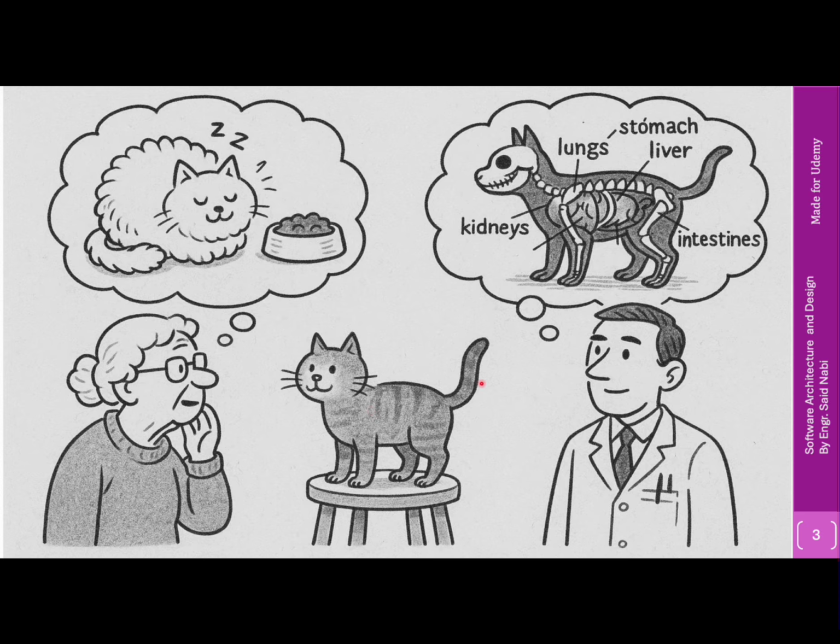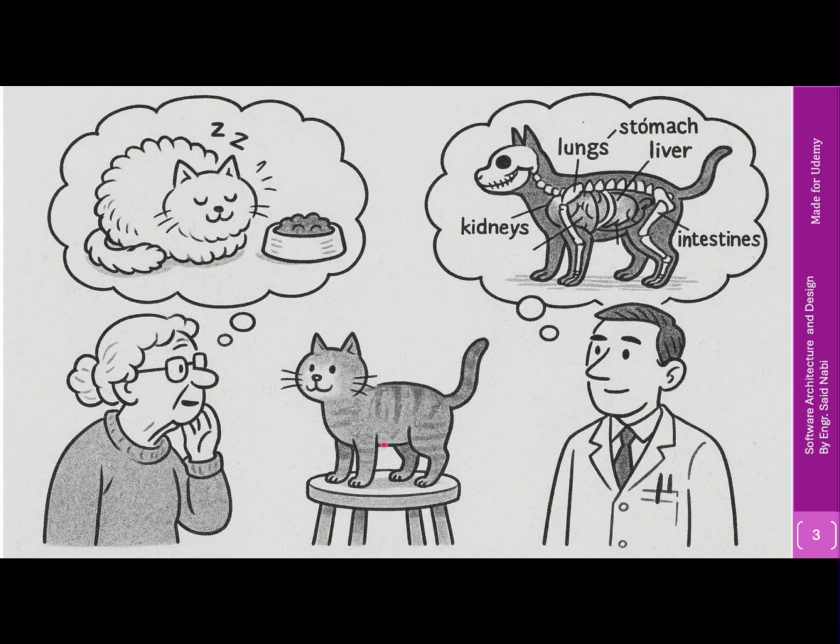On the other hand, if we take a look at this doctor, the doctor might not be interested in the cuteness of the cat. The doctor might see the cat as kidneys, lungs, stomach, liver, intestines. So the doctor focuses on the internal structure or the biology of the cat, while the woman only focuses on the external or the practical behavior of the cat.